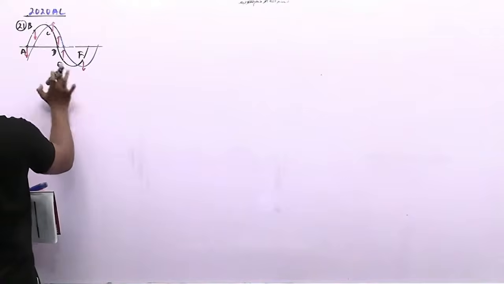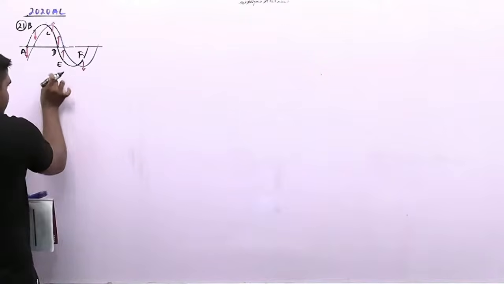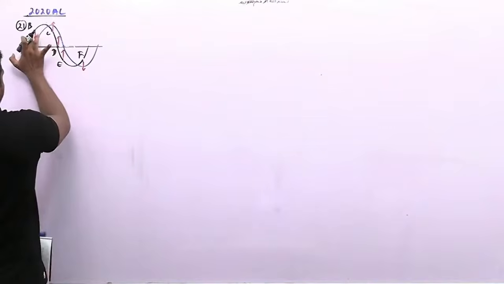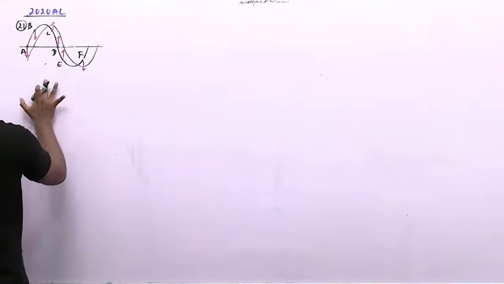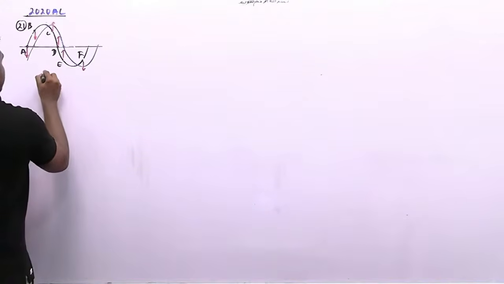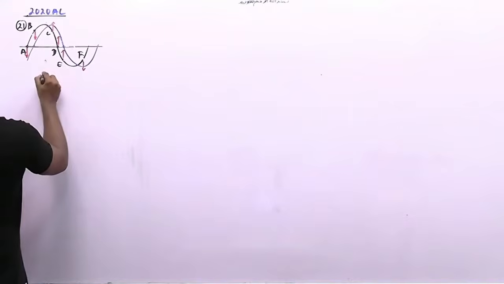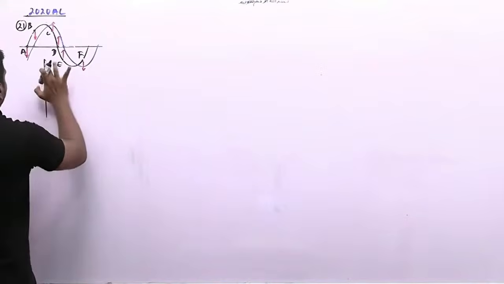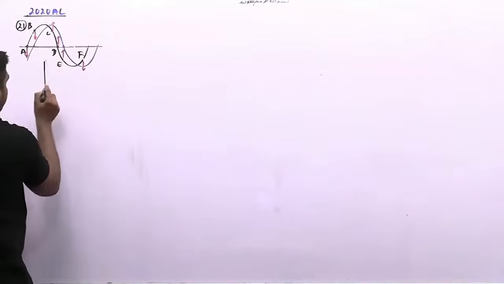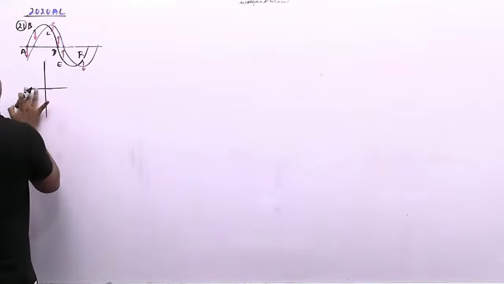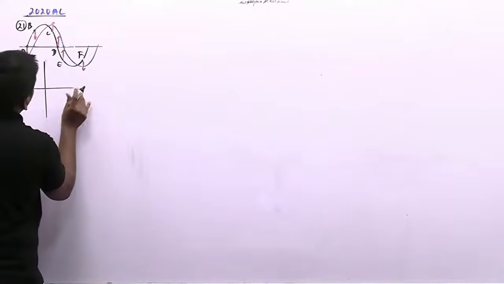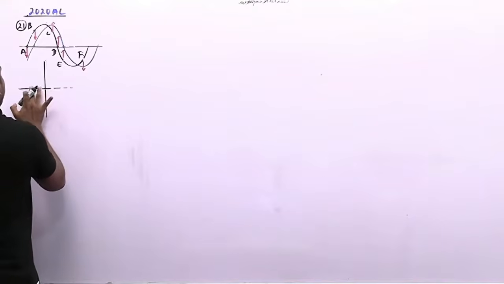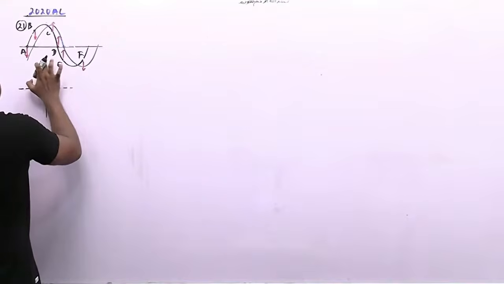If I draw particle B and particle F on the same vertical line, in vertical simple harmonic motion, this is the equilibrium level. And then if I draw particle B somewhere here, this is particle B.